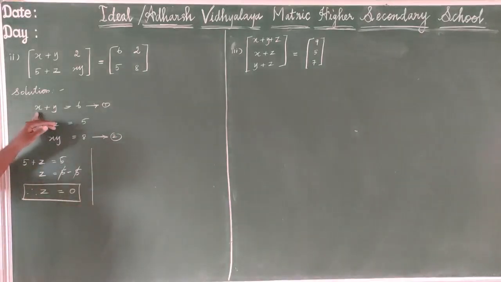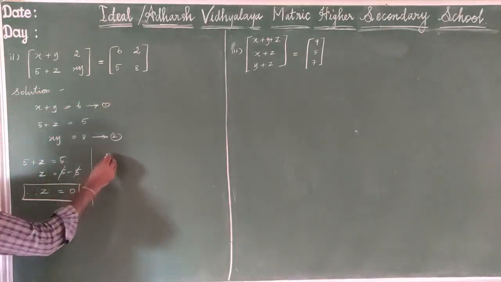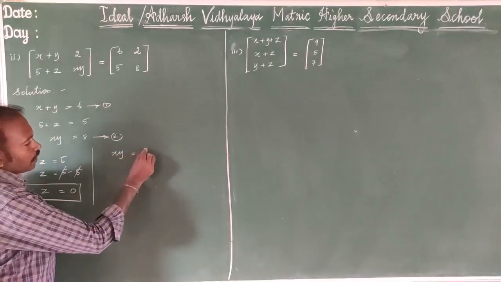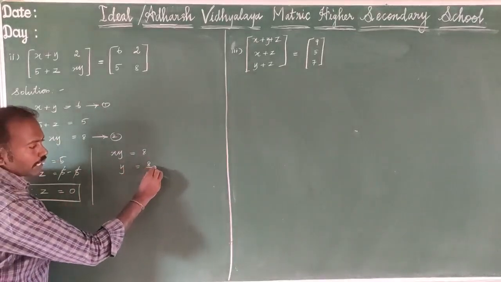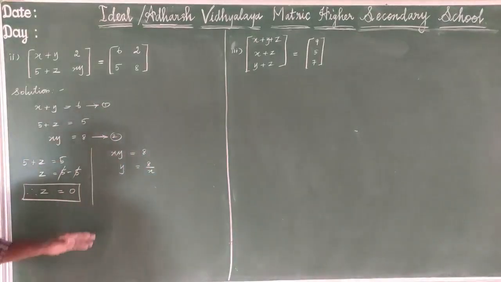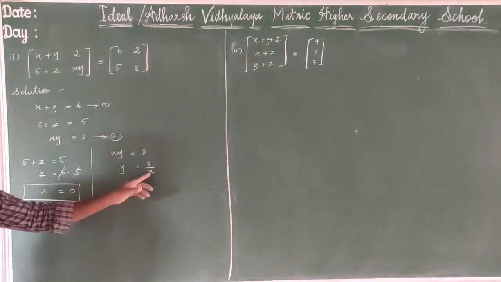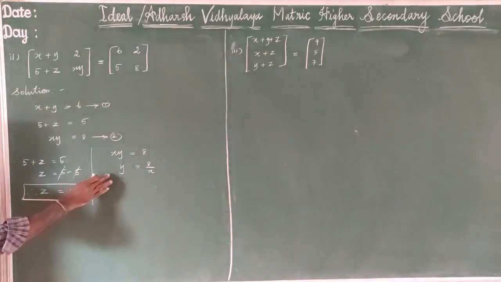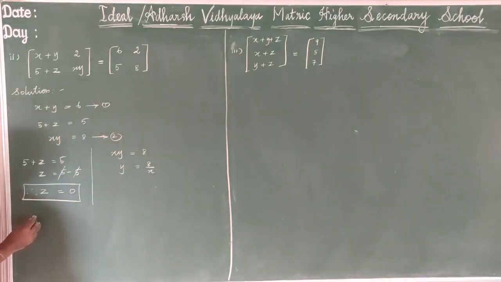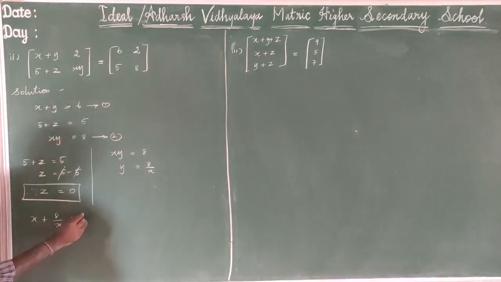Next one, x plus y is equal to 6, the first equation. Then xy is equal to 8. So y is equal to 8 divided by x, because x into y, x shifts to the right hand side. Substituting y is equal to 8 by x in 1, then x plus 8 by x is equal to 6.